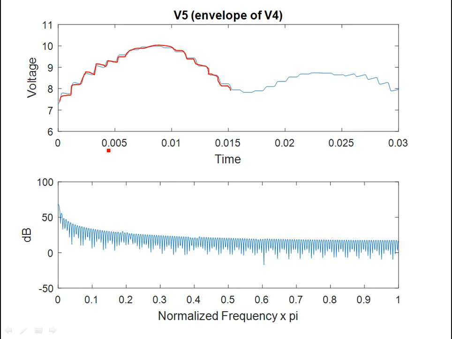You can have the signal like this, and in the transform domain you see that the envelope detector output almost recovers the same sideband over here. So this is how you do the demodulation of the AM, or recover the original message signal from the AM modulated signal. This is your copy of the original message signal.